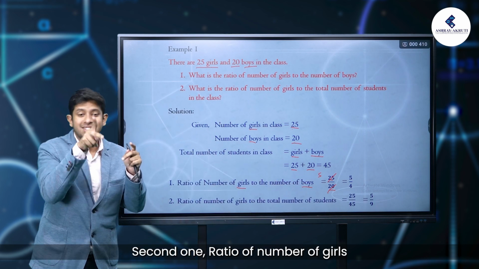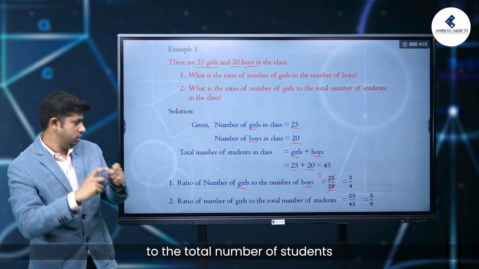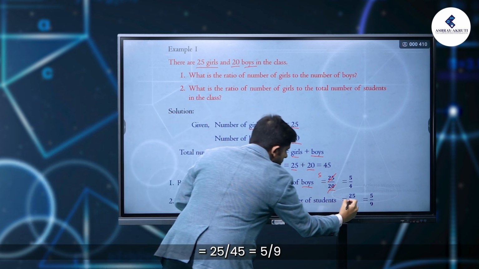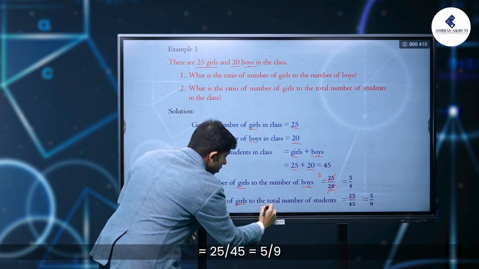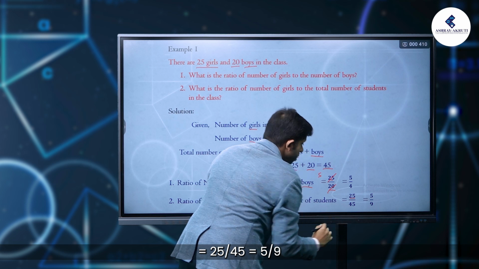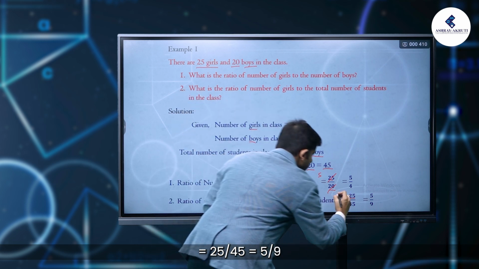Second one. Ratio of number of girls to the total number of students is equal to 25 by 45, which is equal to 5 by 9.